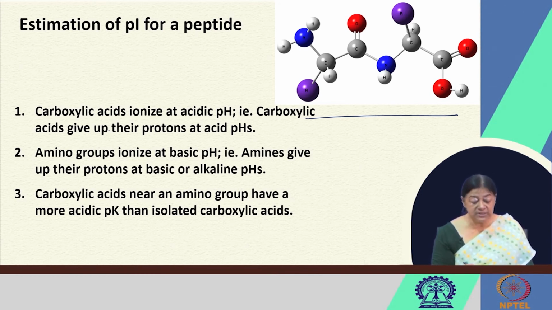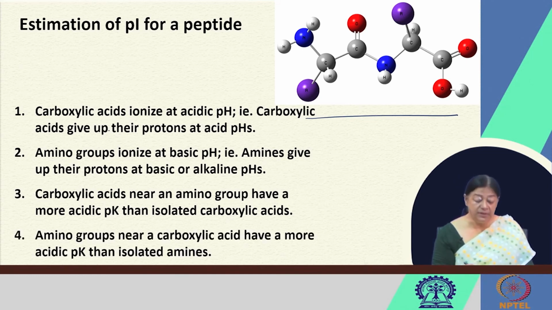So, the carboxylic acids near an amino group have a more acidic pKa. What does it mean? It means that they would lose their proton easily. Similarly, amino groups near a carboxylic acid would have a more acidic pKa than isolated amines.